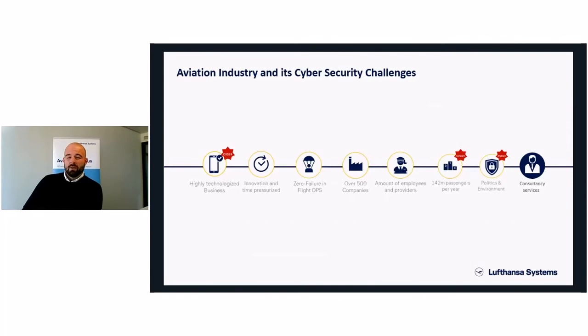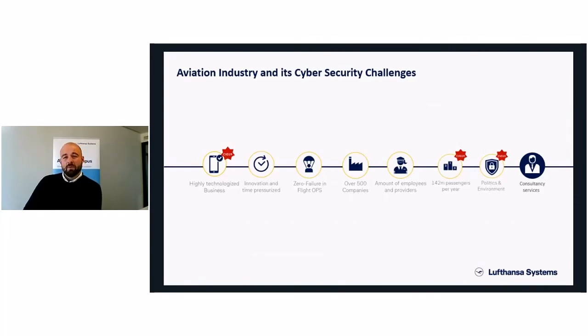In normal times, we are selling and preparing tickets and data that has to be as dynamic and agile from now to then. Within the aviation industry, we have a zero failure policy in flight ops. We have complex structures.